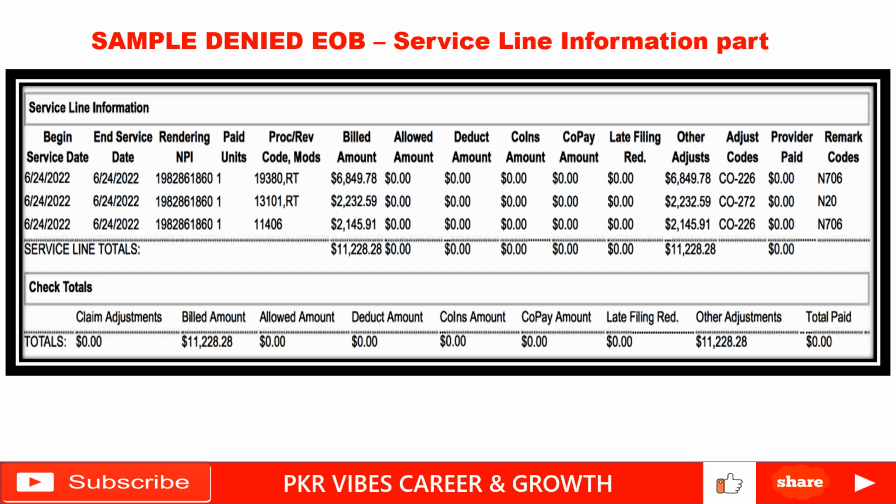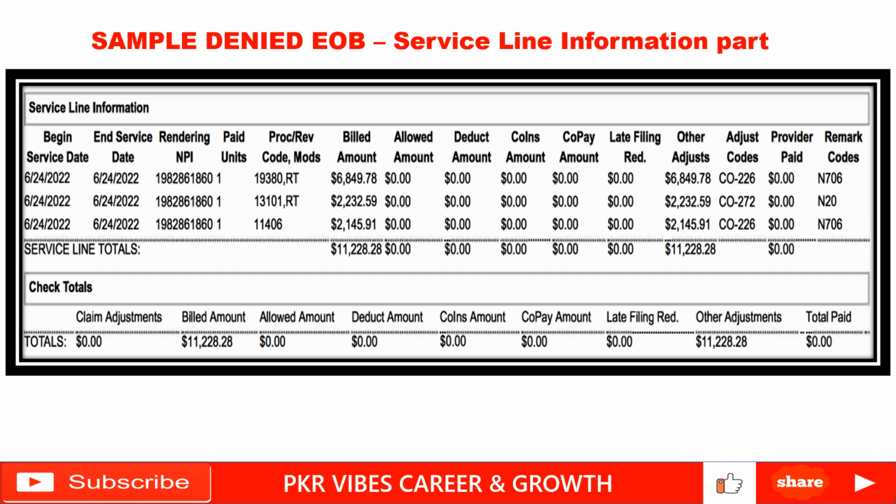What is the billed amount? Nothing but whatever the charge amount given on a medical claim form by the doctor and submitted to the insurance is the total charge amount, also known as the billed amount. That information we will see.